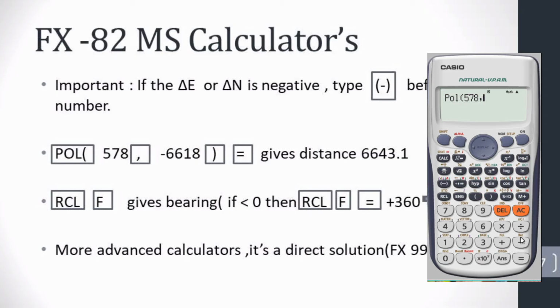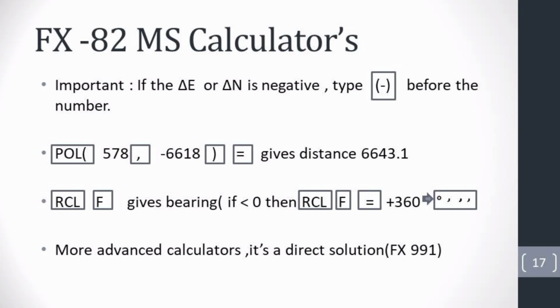Remember here we are subtracting the easting of B minus the easting of A, and the same for the northing of B minus the northing of A. You close the bracket and press the equal sign. There it first gives you the distance.